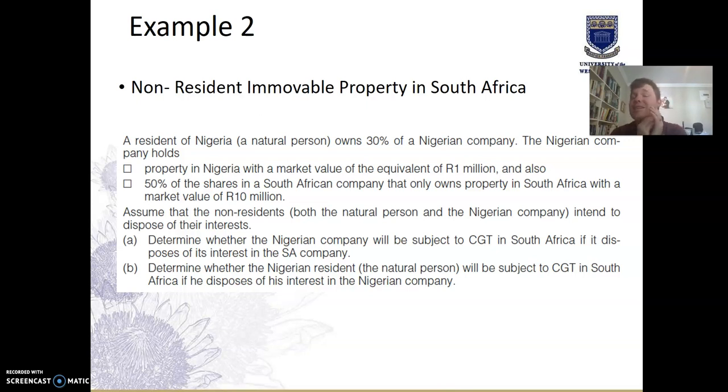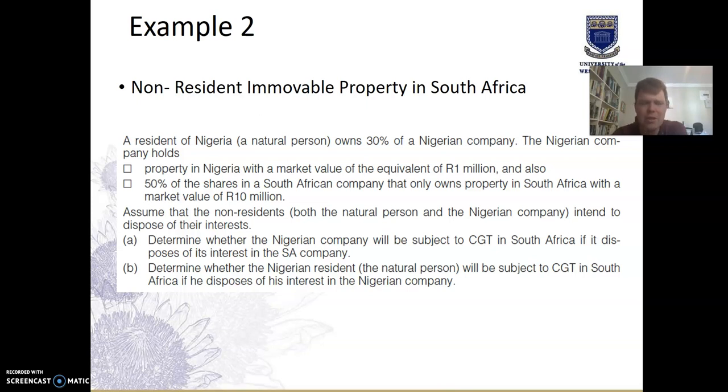So I need you to understand this. You've got a natural person in Nigeria. That person owns 30% of a Nigerian company, and that Nigerian company has two assets. They have land in Nigeria, and they also own shares in a South African company. The only thing that South African company has is one piece of land.